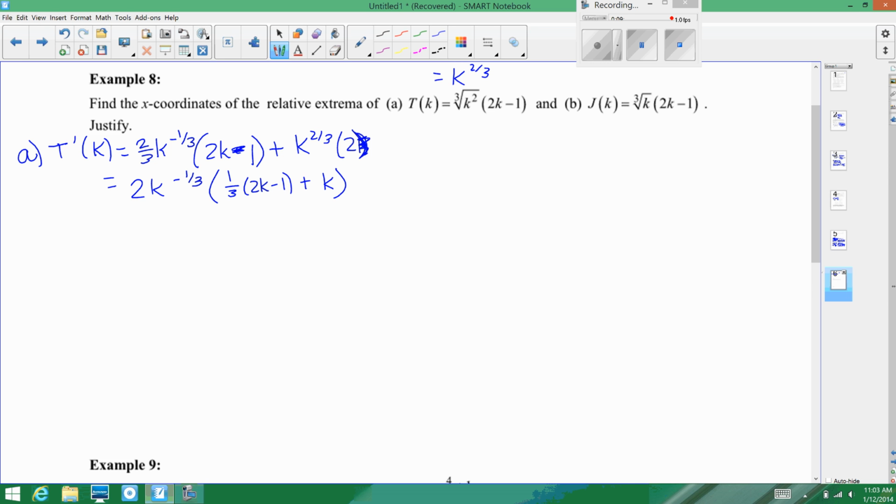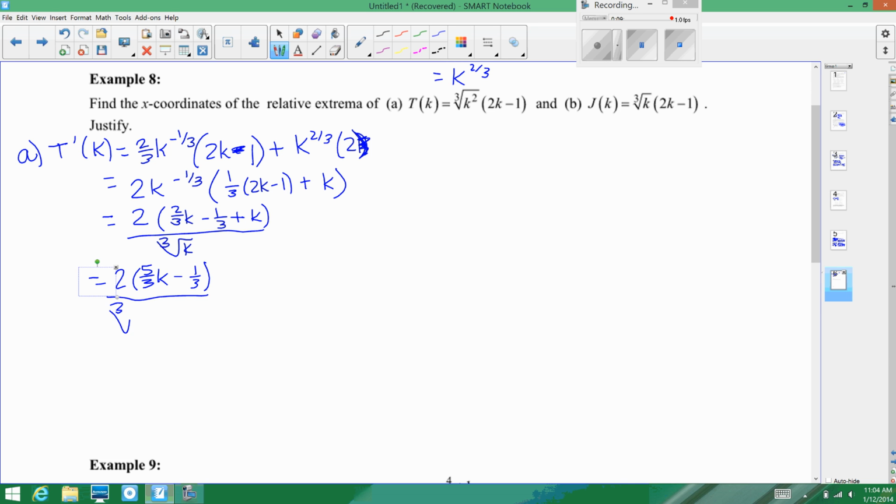All right, we can distribute this out a little bit, so we get 2/3 k minus 1/3 plus k all over cube root of k. One more step here, 2/3 k plus k, so that's 5/3 k minus 1/3.